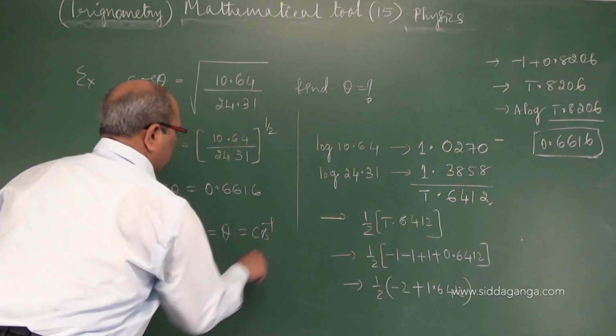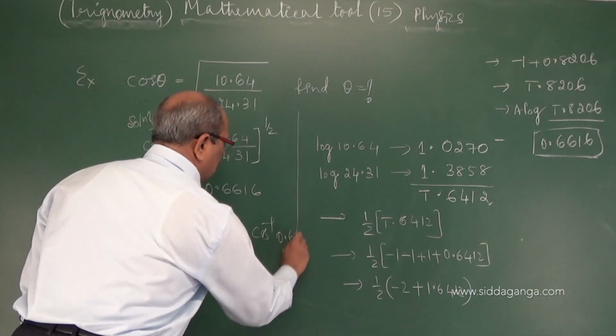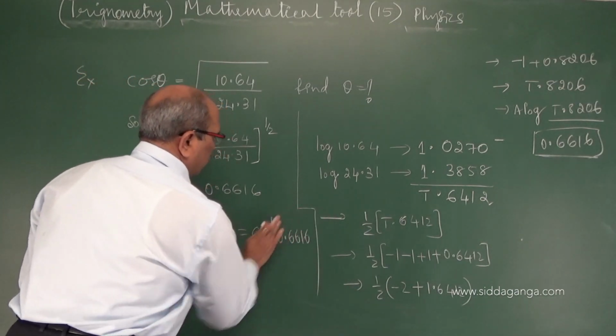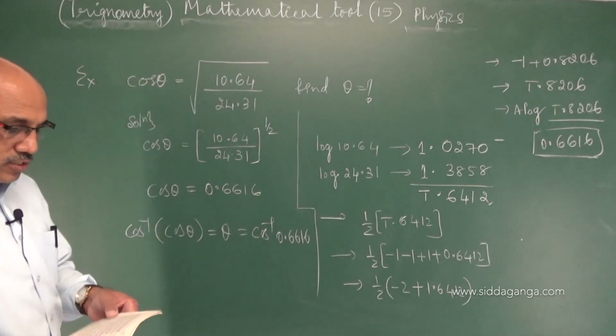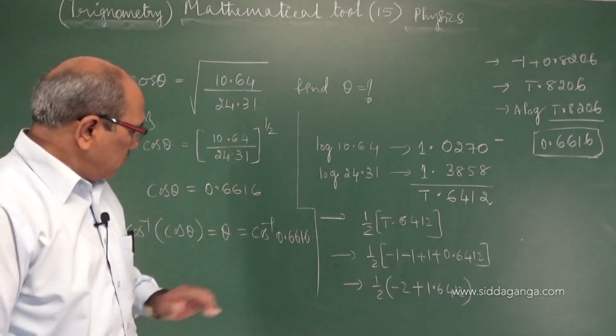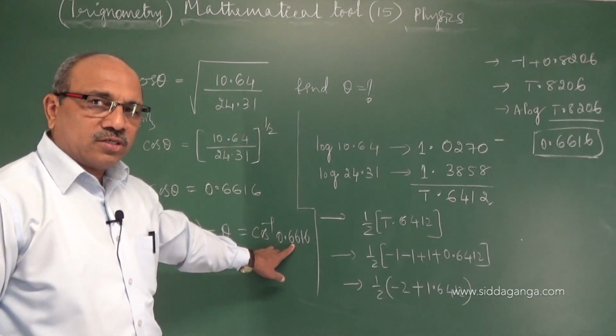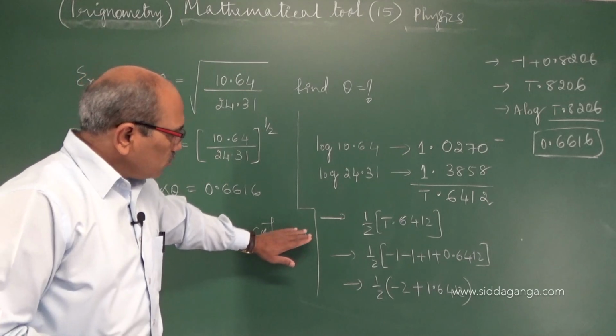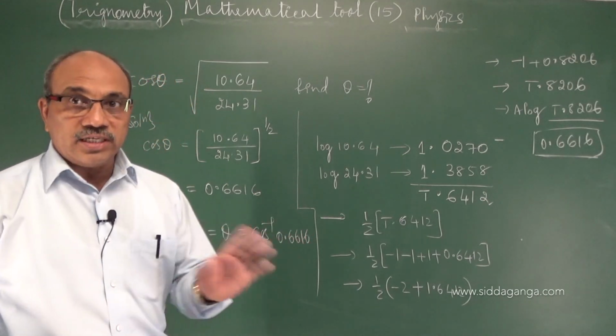which is equal to cos inverse of 0.6616. I told in the natural cos table, you have to go near. In cos function, you have to take a value little bit higher than that in case of cos.